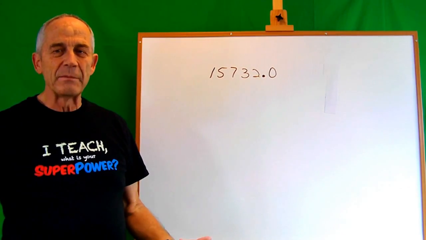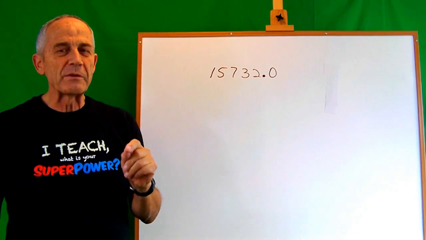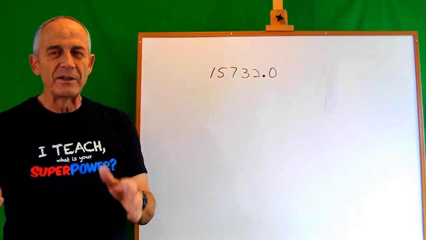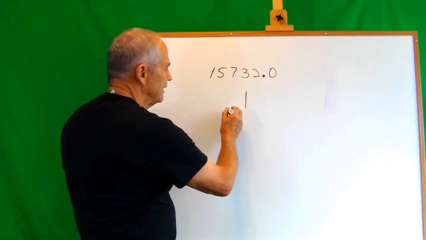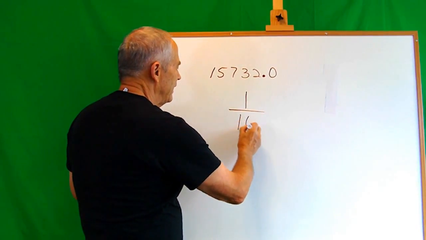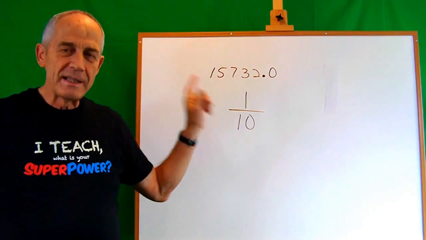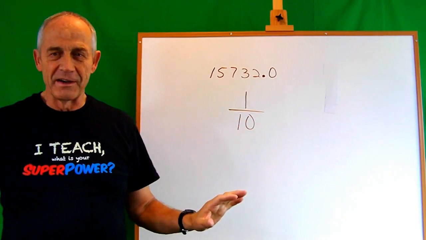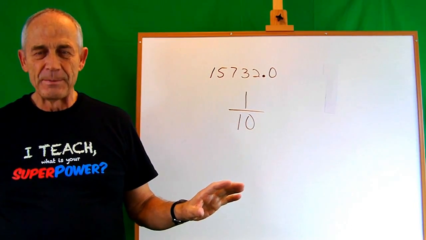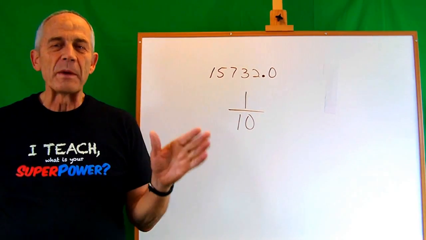If I divide it by 10, you might not think about it, but I'm going to write it so that you can see and you tell me what we get. I've got the ones place divided by 10. Tell me what that fraction there says. Okay, that's 1/10. Remember how we name them?